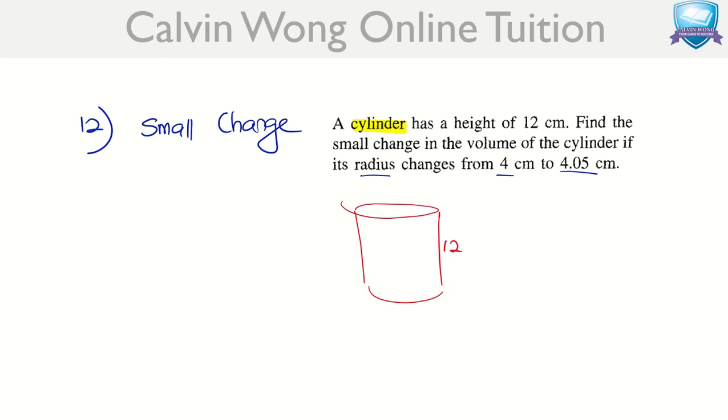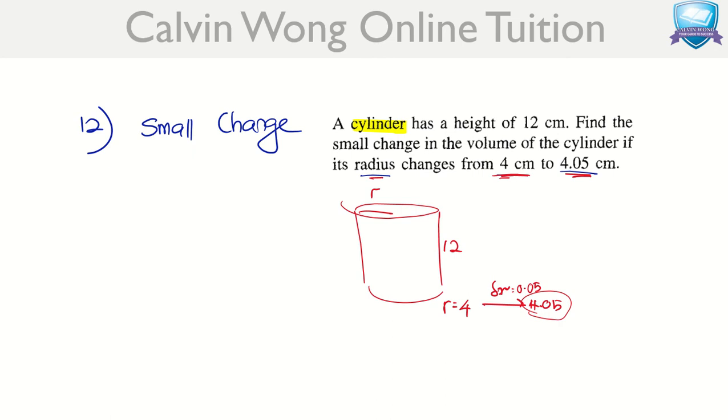What is the variable? The radius is a variable. Radius changes from 4 to 4.05. That means the radius equals 4 and then changes to 4.05. You increase a little bit, we call it delta. Delta r is positive 0.05. Then only you become 4.05.